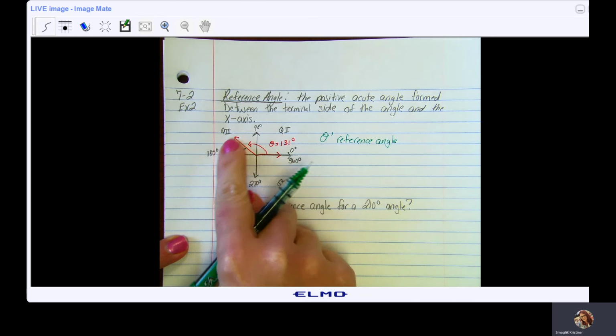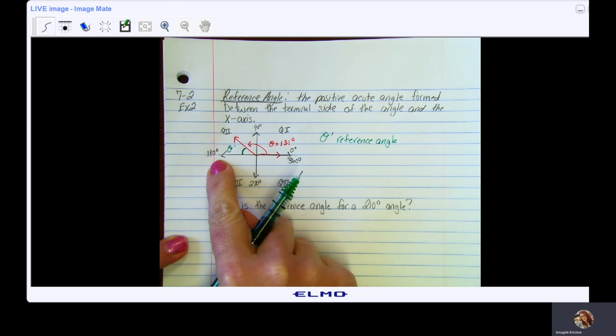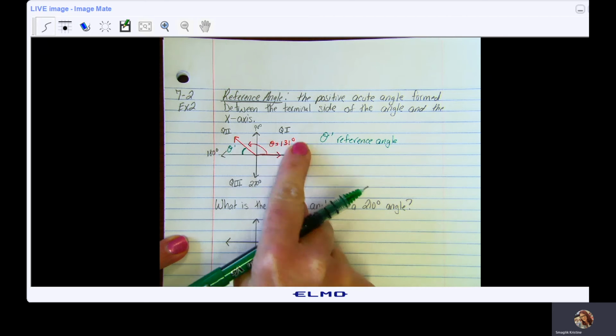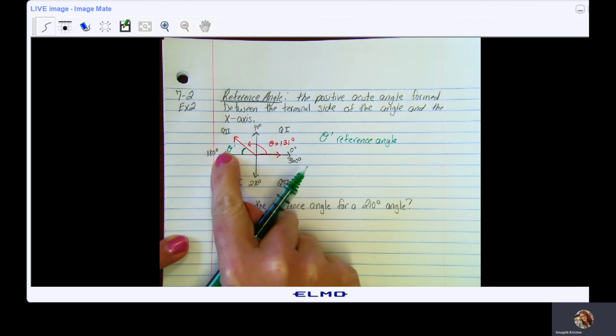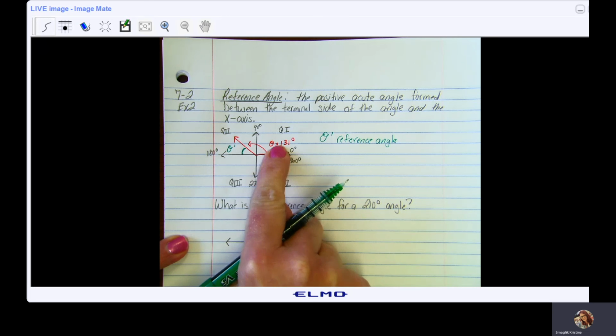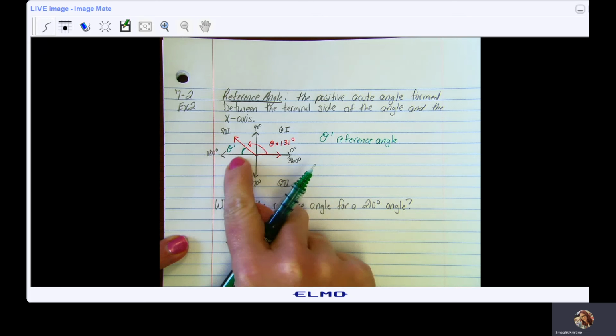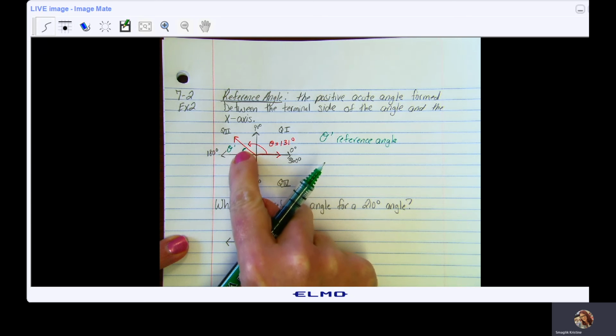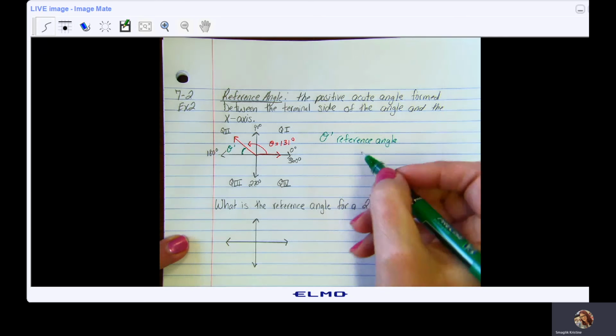Well, so if I come over here, I'm at 180 degrees, but my angle hasn't gone that far. I kind of got to kick it back a little bit. So what I'm going to do is I'm going to subtract my angle from 180 degrees. That difference will be my reference angle.